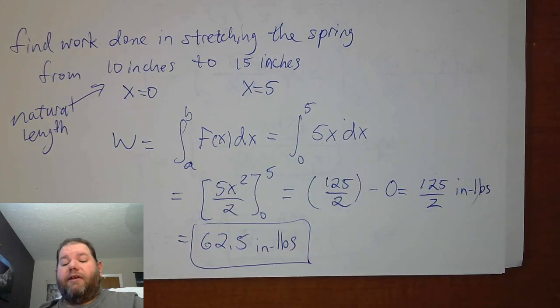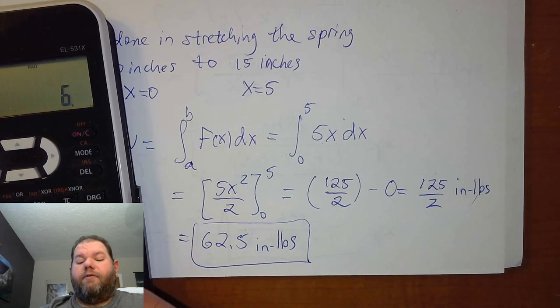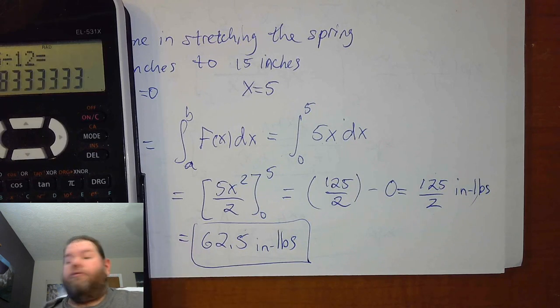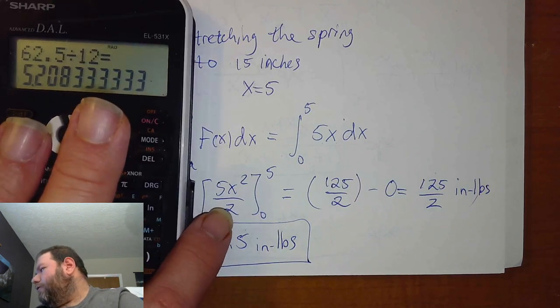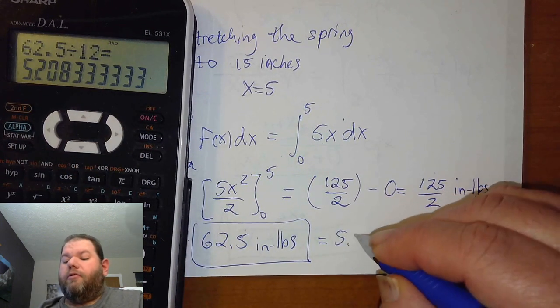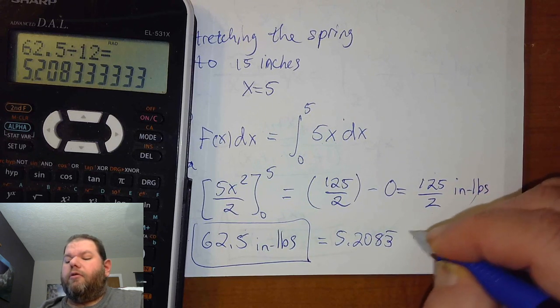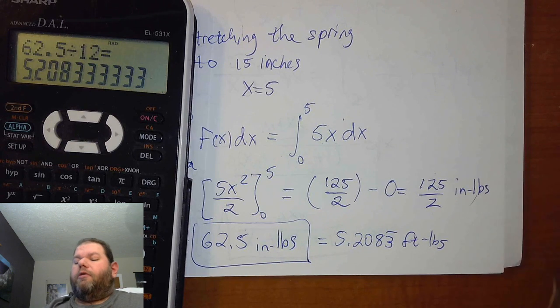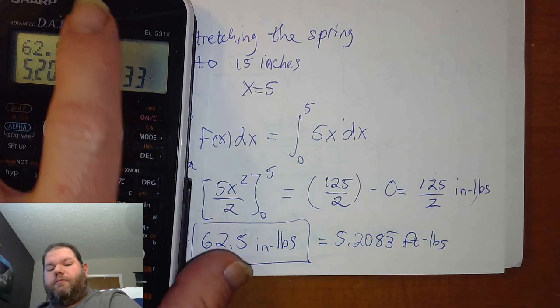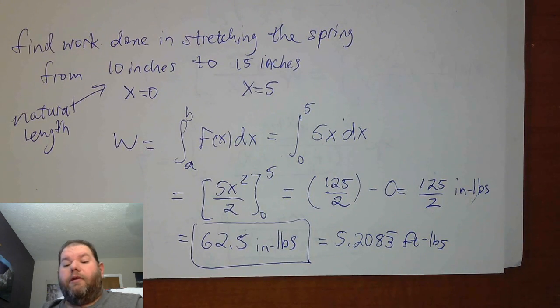And if we like, at this stage, we can take that 62.5 and divide it by 12 to convert that to foot pounds if we prefer. Because there it's just a normal conversion from inches to feet, which is dividing by 12. Okay. So that's 33.